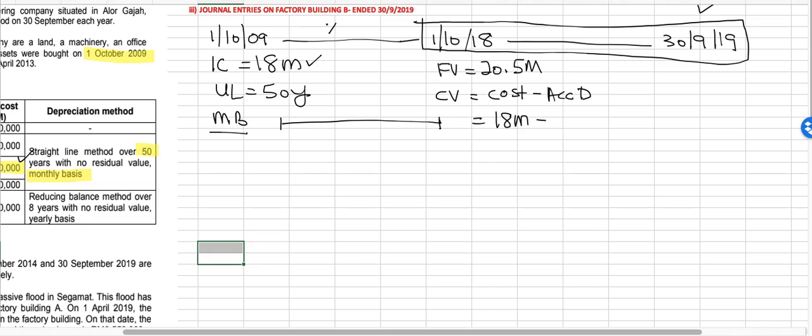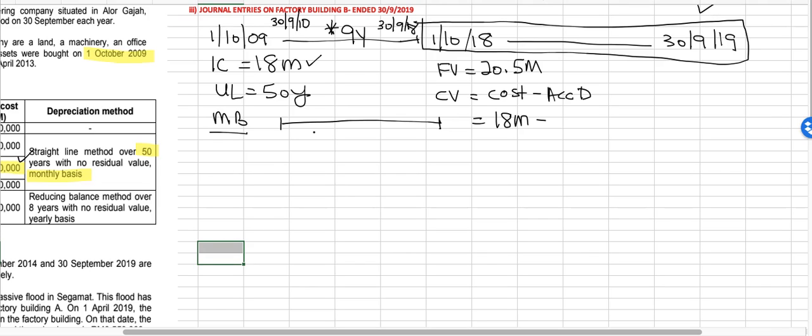So what is the period? From October, you start to count 30th September 10, then 10, 11, 12, 13, 14, 15, 16, 17, 18. You stop at 18 because 30th September 18 is the day before. So that will be 9 years.